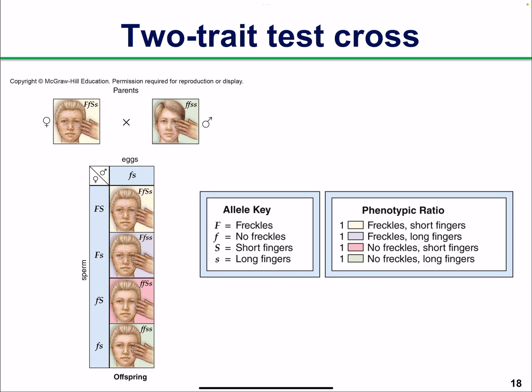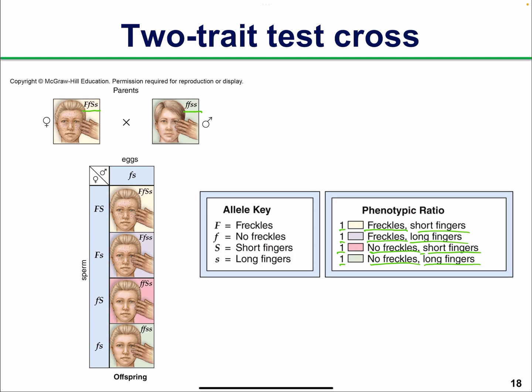All right? Now, if we cross a double hybrid with a recessive individual who has no freckles with long fingers, well, in that case, we are going to have offspring in terms of phenotypic ratio, 1 out of 4 that is going to have freckles with short fingers, 1 with freckles with long fingers, 1 with no freckles, short fingers, and 1 with no freckles, long fingers.